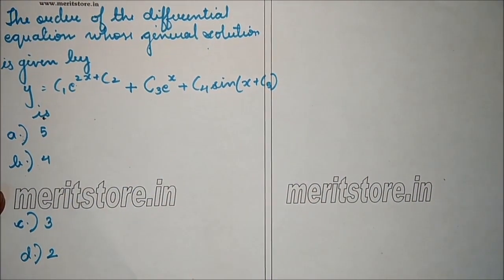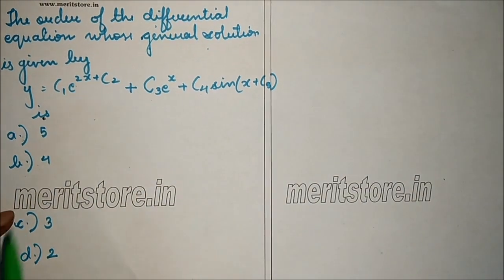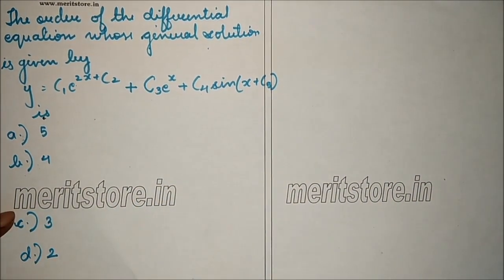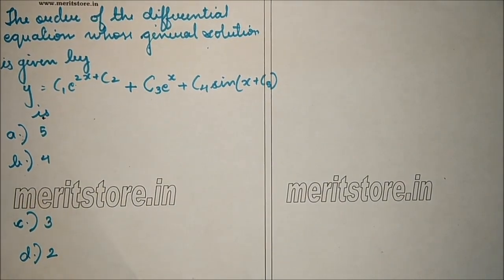The question is: the order of the differential equation whose general solution is given by y is c1 e raised to 2x plus c2 plus c3 e raised to x plus c4 sine of x plus c5. What we are supposed to find is the order of this differential equation.